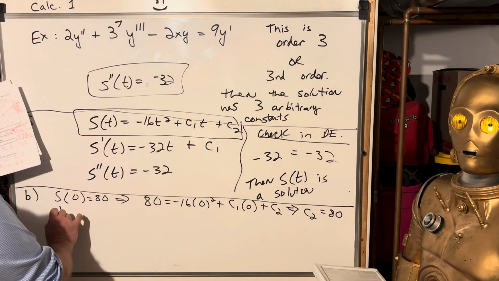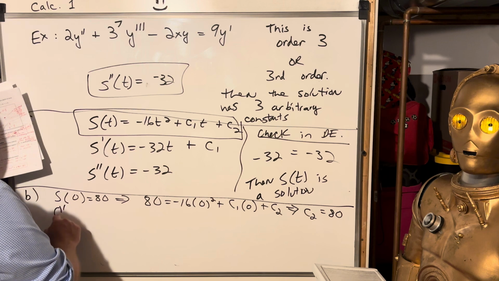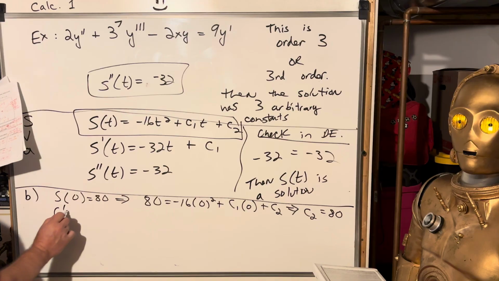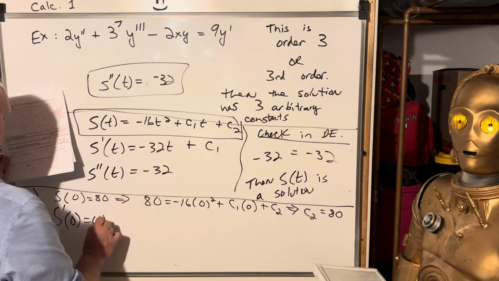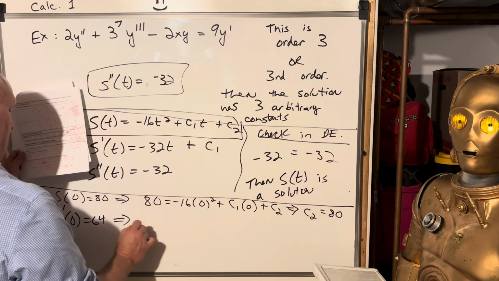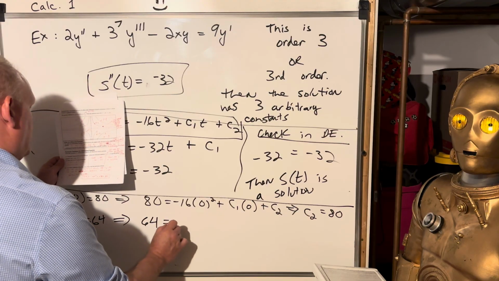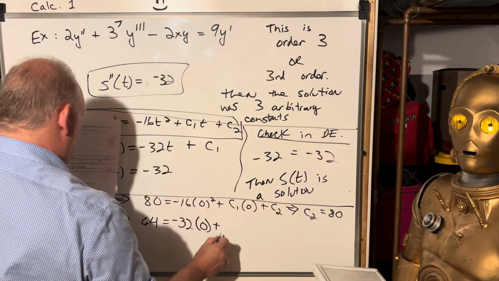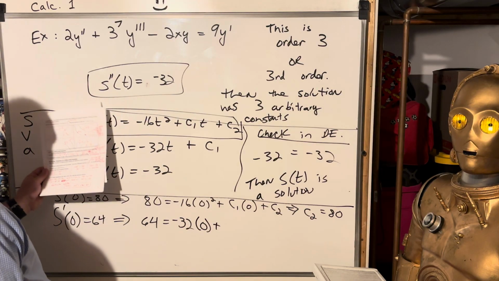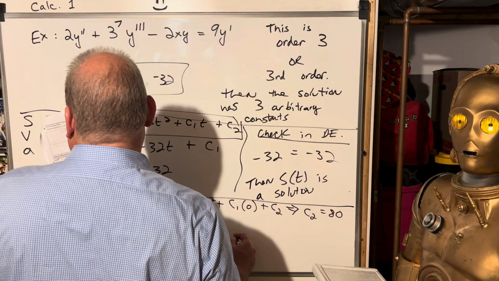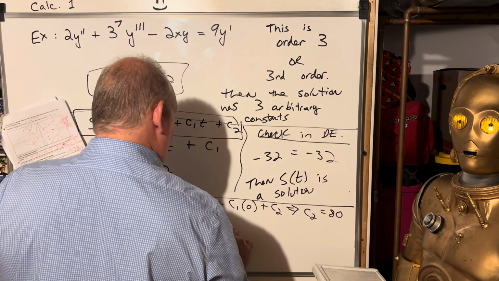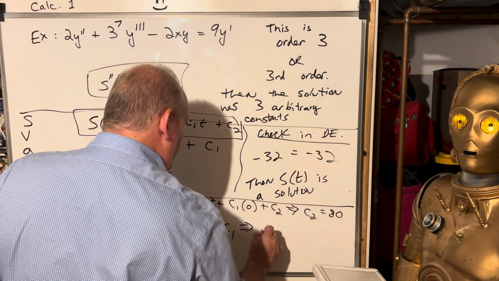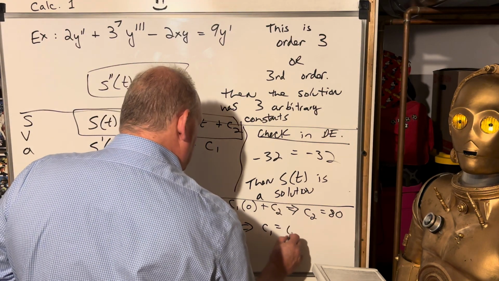Then we take S prime of 0 equals 64, and say, okay, well, 64 is equal to negative 32 times 0 plus C1, and so then that goes to 0. So now we know C1 is equal to 64.